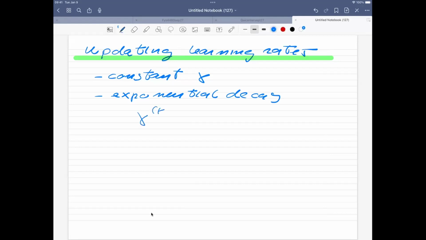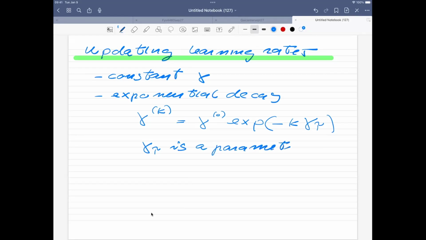A gamma of k, which is given by some gamma 0, which would be the initial value, multiplied with some exponential, where k is the number of iterations which you have performed, multiplied with some gamma of tau, where gamma of tau is a parameter which you set.